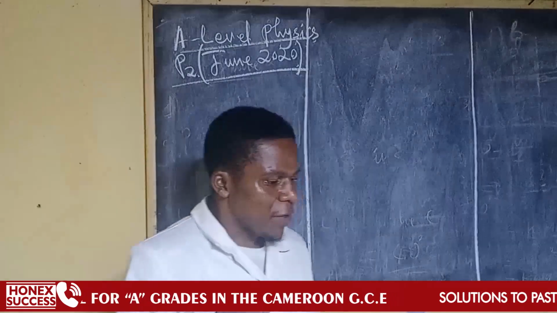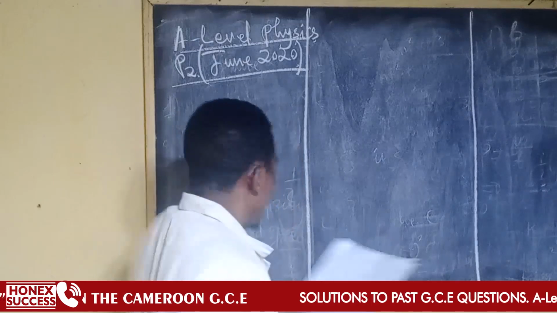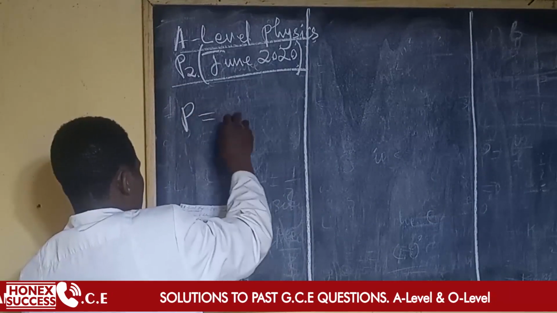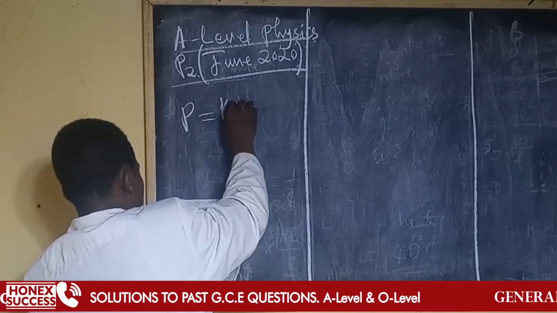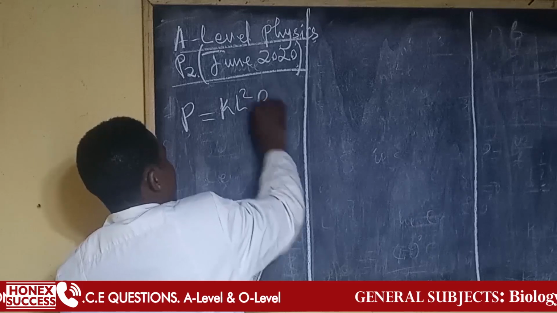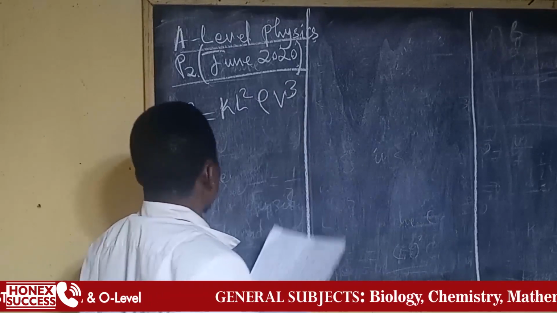P obtained from a wind turbine may be given by an equation: P equals K L squared rho V cubed. Good.